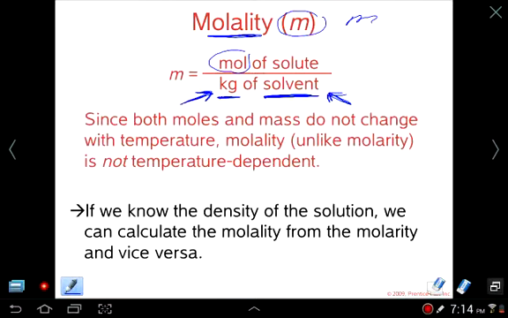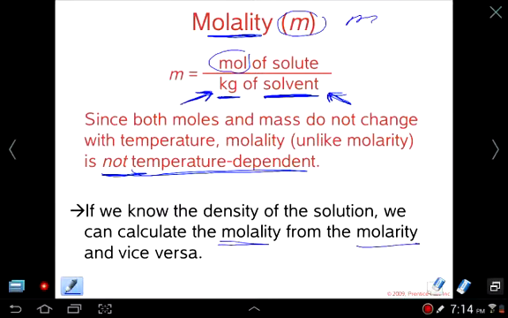Because you have kilograms on the bottom, if you heat up water, the amount of kilograms in there does not change. The volume changes, the kilograms does not change, so this is not temperature dependent. It is temperature independent, and this will suit some of our applications a little better than molarity. Now, we can actually go from molarity to molality.